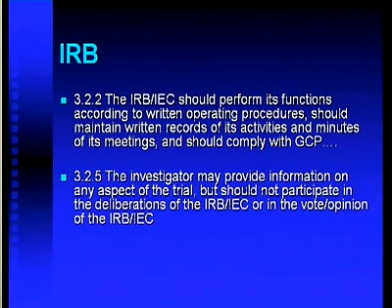They must maintain written records of their activities and should comply with good clinical practices. The investigator, again, may provide information on any aspect of the trial. He may be there during some of the initial explanation of the study, but they should not participate in the deliberations or in the votes of the IRB if they're involved in the trial.